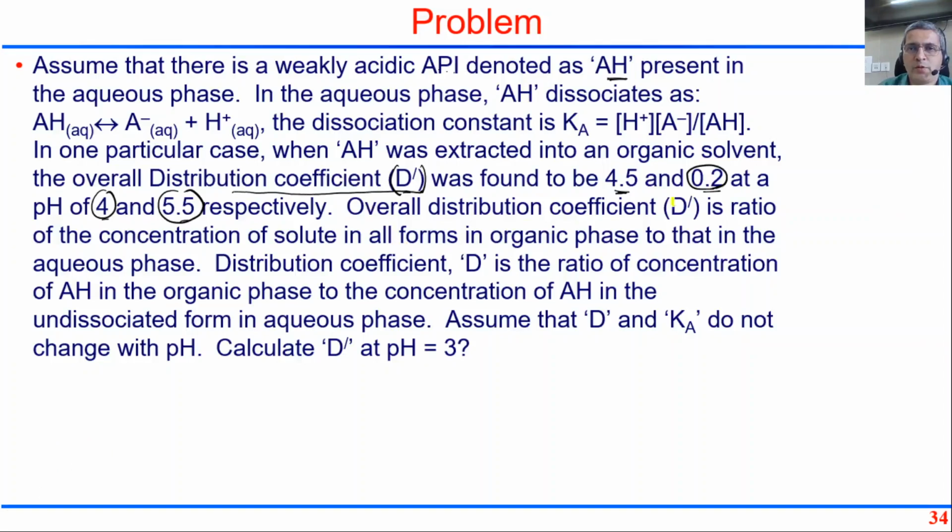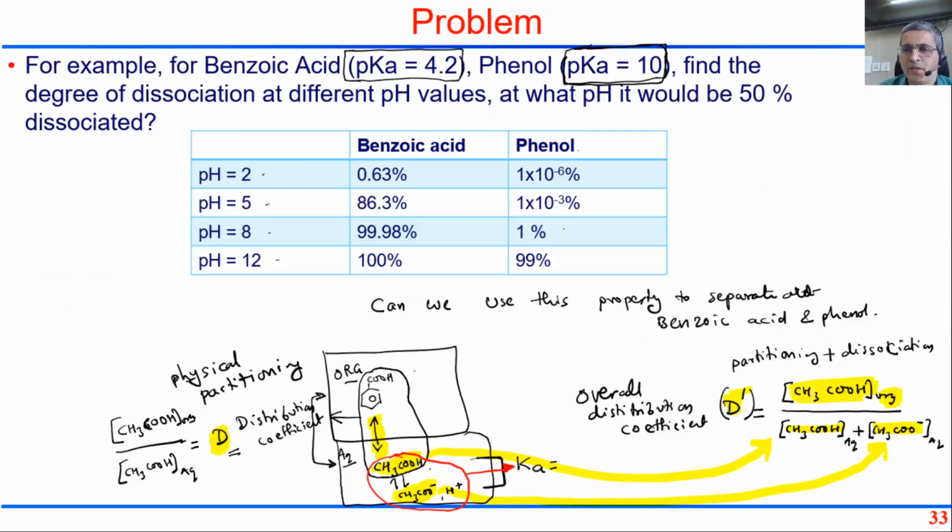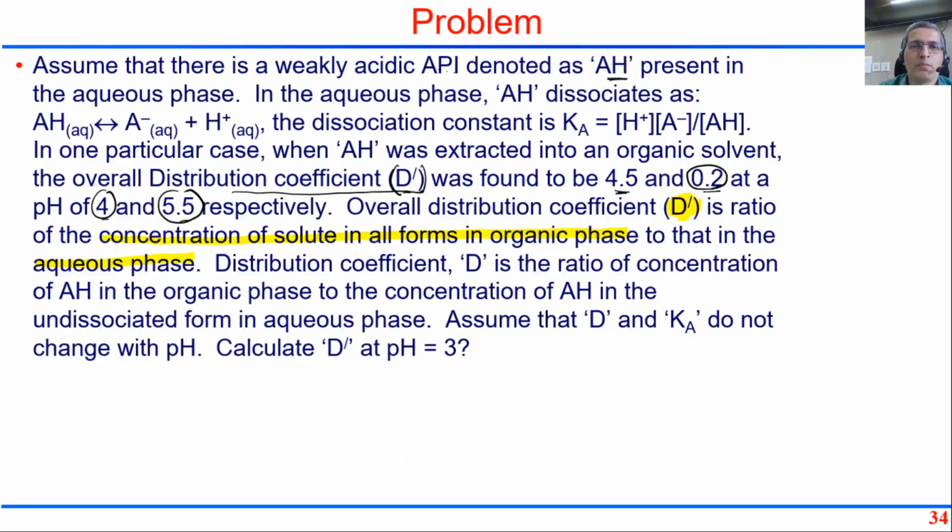The overall distribution coefficient D prime is a ratio of concentration of solute in all forms in the organic phase to that in the aqueous phase. In the organic phase, there is only the undissociated form, but in the aqueous phase, there is a dissociated form as well as the undissociated form. So that's D prime, the overall distribution coefficient.